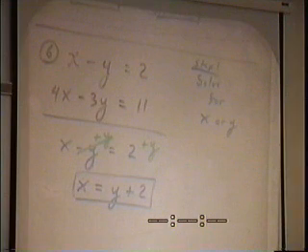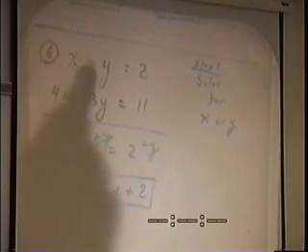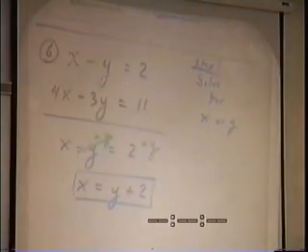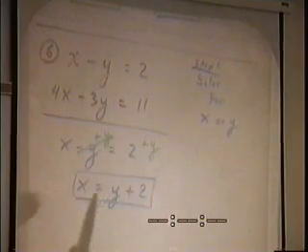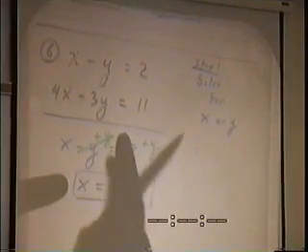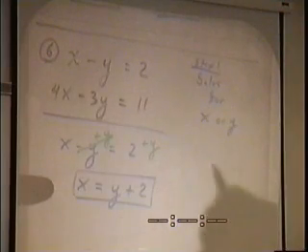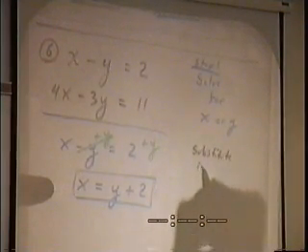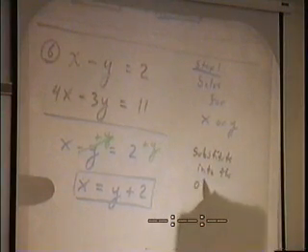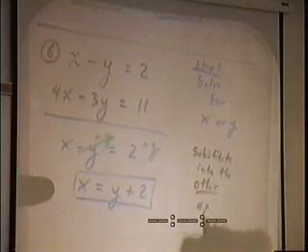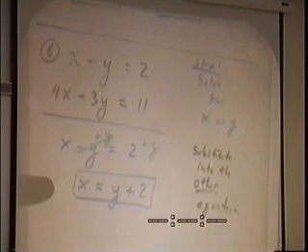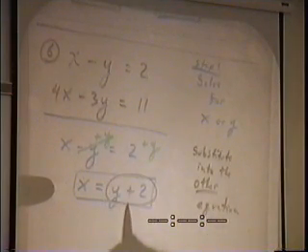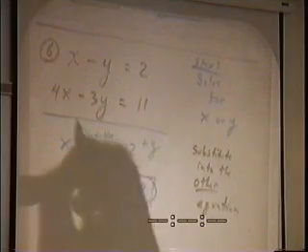And I am going to substitute it into the other equation. Don't put this one back in the original equation because you'll just get 0 equals 0 or 2 equals 2. So I'm going to substitute this expression into this equation. I'm going to put the y plus 2 instead of the x.